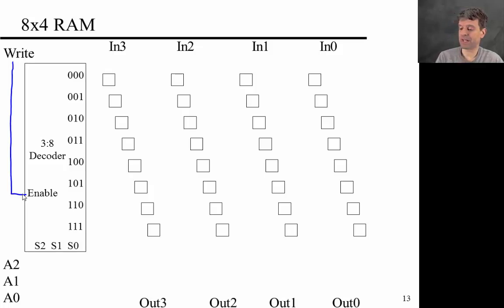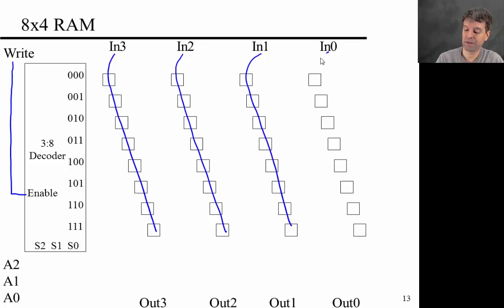The input that I want to read in is drawn up here. Input 3210 is the number that I want to read in, and input 3 goes into one of these cells here, input 2 goes into one of these cells, input 1 goes here, and input 0 goes here.